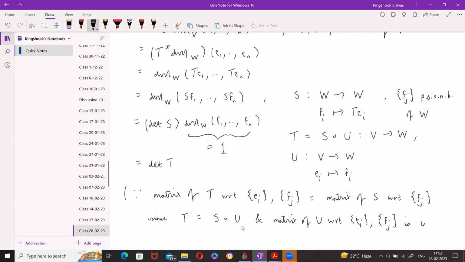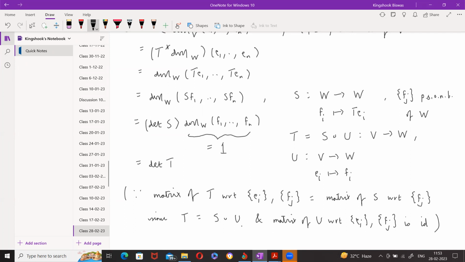Yes, the matrix of U with respect to ei and Fj is the identity matrix. Is that clear? So the matrix of T will be the same as the matrix of S with respect to Fj. Is this clear? Yes, sir.